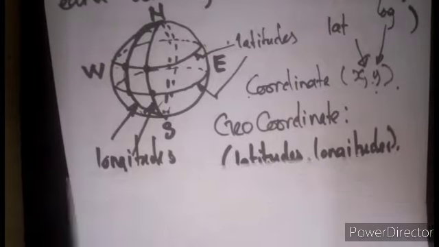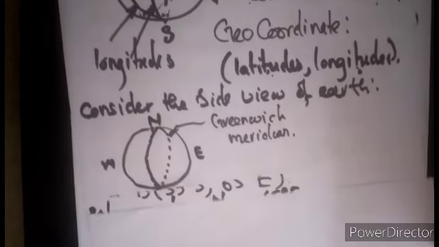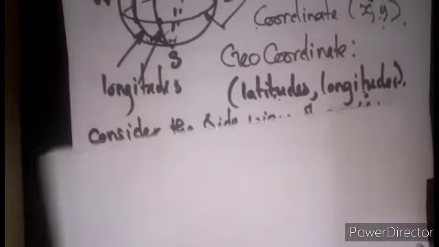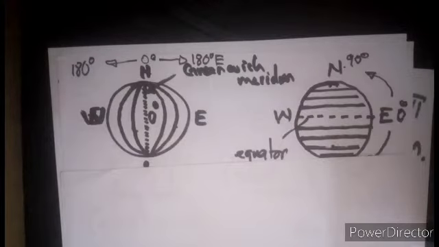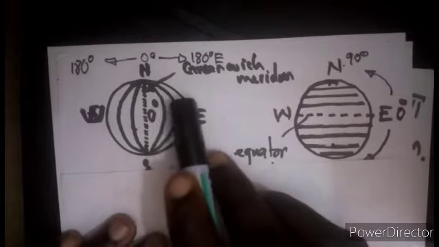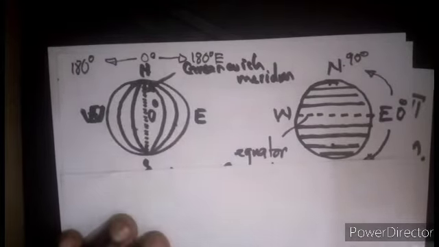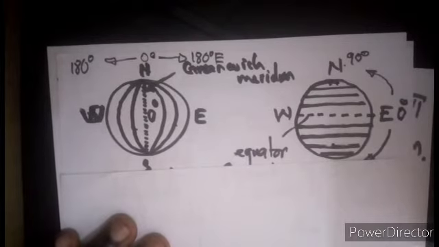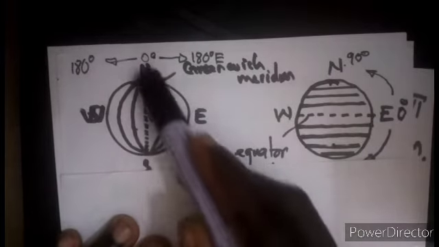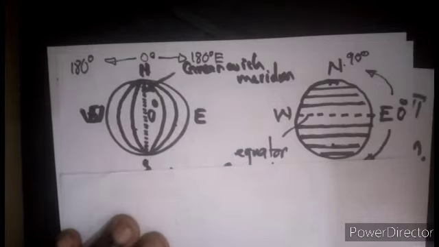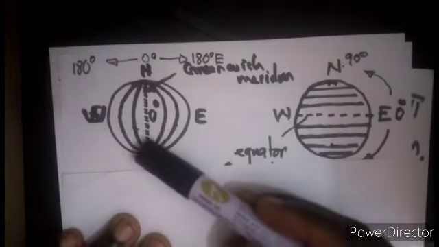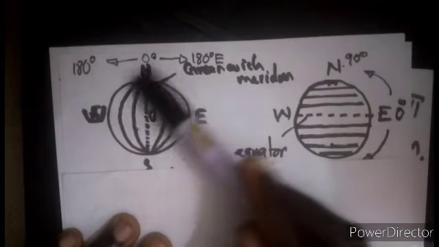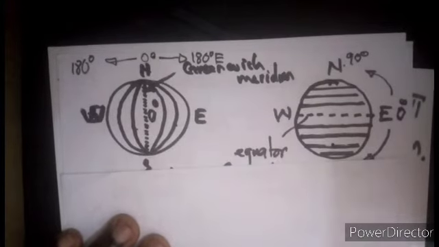Now, if we consider a side view of the Earth, here we have the longitude. See the vertical lines that are running. If you notice, the dotted line here is called the Greenwich meridian. This is the line that divides the Earth into two equal halves.